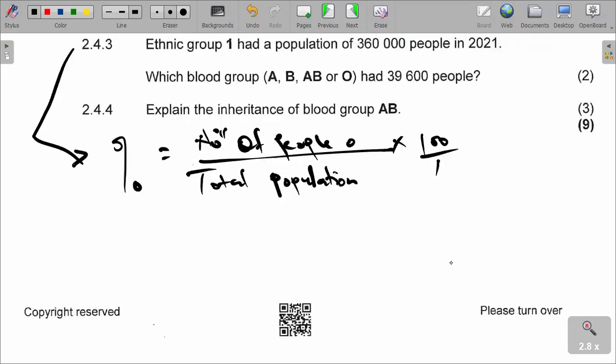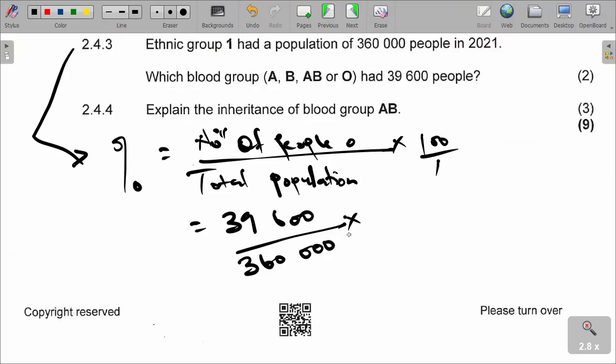So we have got 39,600 over total population, which is 360,000, multiplied by 100 over 1.